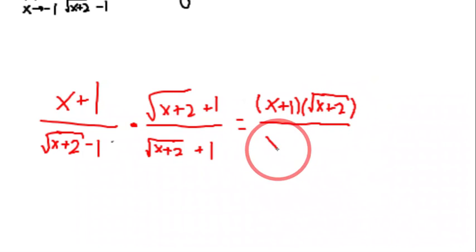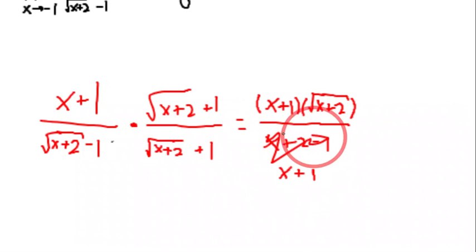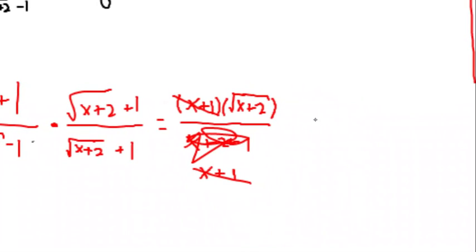And then we know that we're going to be left with x plus 2 minus 1. If we combine like terms, we will notice that this becomes x plus 1. And then notice that this x plus 1 and the x plus 1 on the top cancel with each other, leaving us with just the square root of x plus 2.